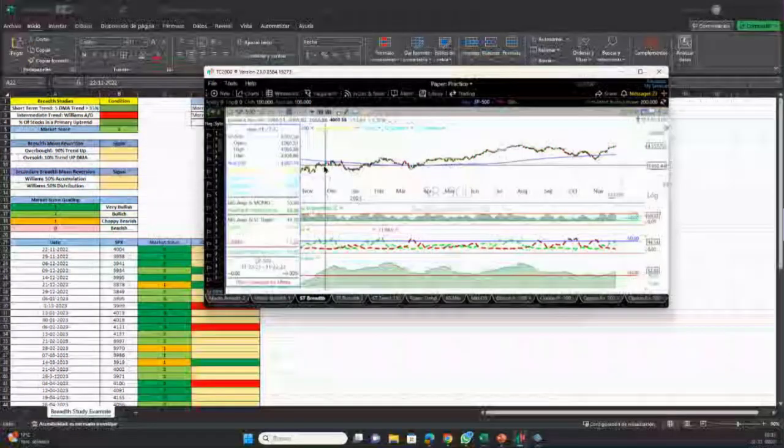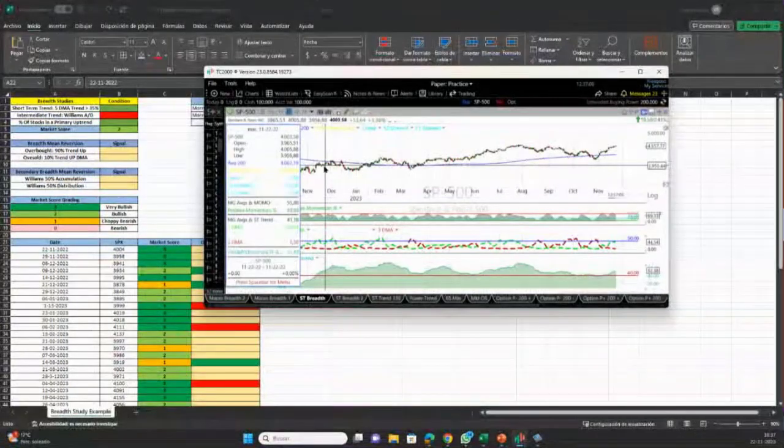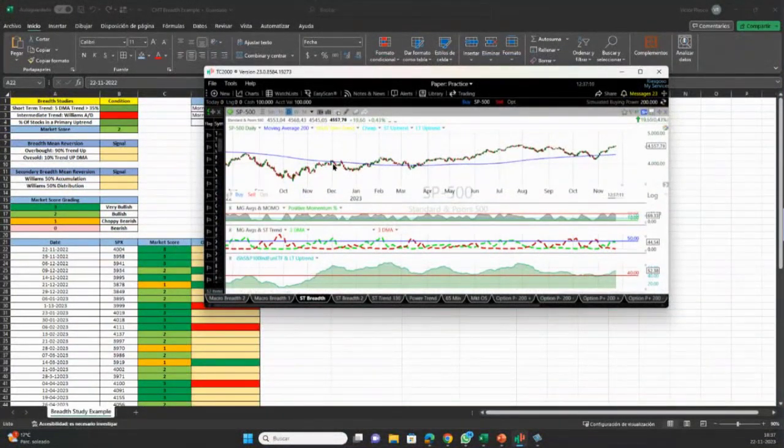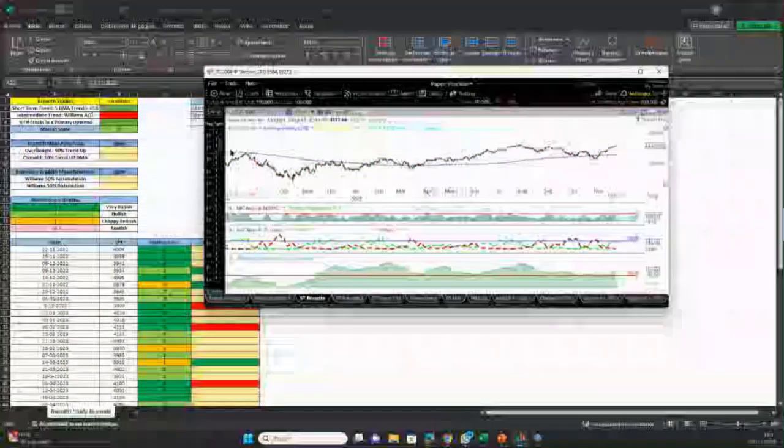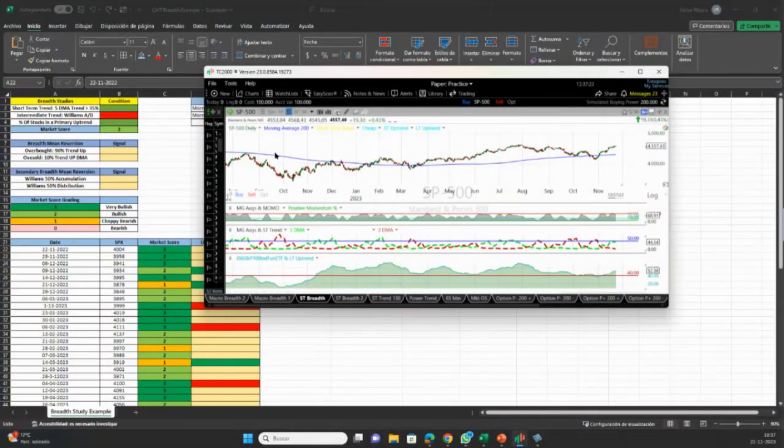The market score was 3 back then, and it had been 3 since early November. That was showing you that there was a bullish market. So even though the 200-day moving average of the S&P 500 was still trending lower, my breadth studies were showing me that the market was actually getting bullish. We had over 40% of stocks above the 200-day moving average.